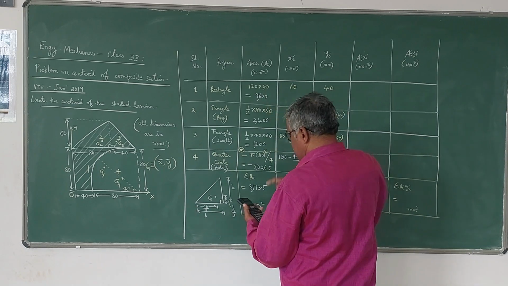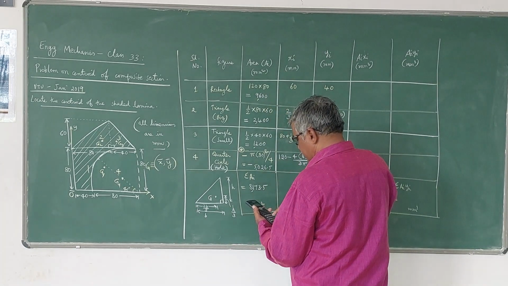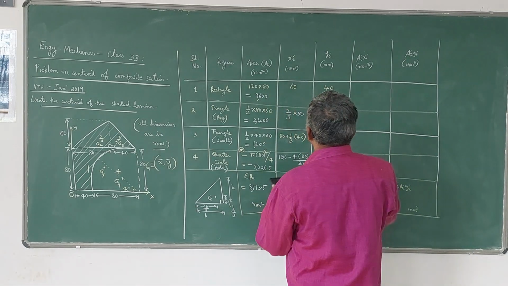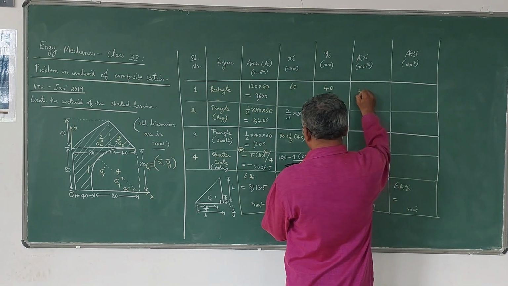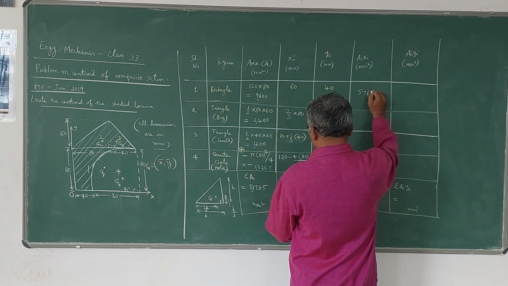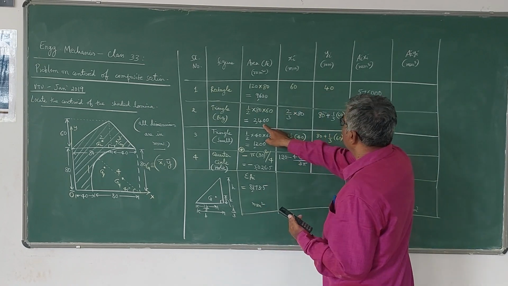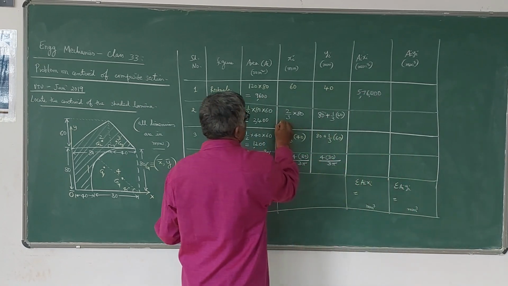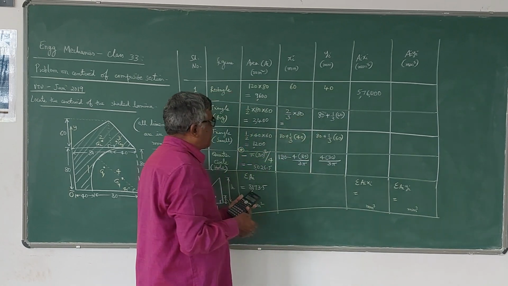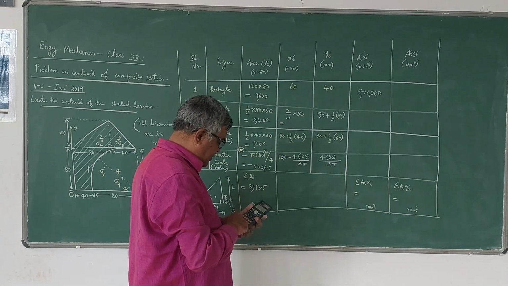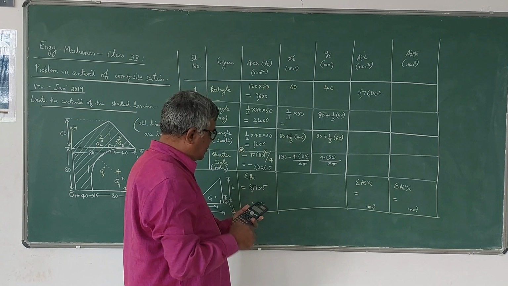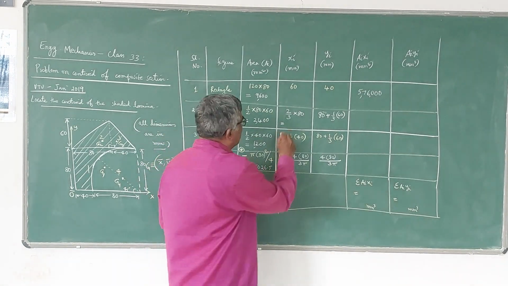The first value is 9600 into 60, which comes out to be 576,000. The second value is once again 2 by 3 into 80, so 160 divided by 3. It comes out to be 53.33.